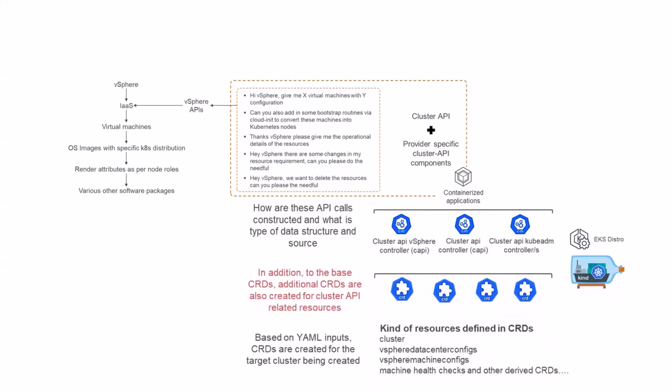So additional CRDs are also created, which talk about individual virtual machines in the cluster node and all that. But for now, understand that the cluster API, installed on an EKS Distro loaded kind cluster, runs as a set of controllers, okay, and the requirements are expressed or maintained as CRDs, right?